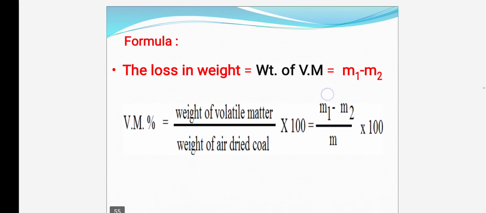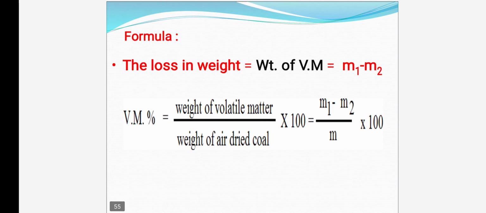So what will be the formula for finding volatile matter? Simple, loss in weight. Loss in weight, that is the weight of volatile matter. For calculation purposes, you have to take m1 minus m2. m1 is the moisture free coal sample weight, minus m2, the weight after treatment.